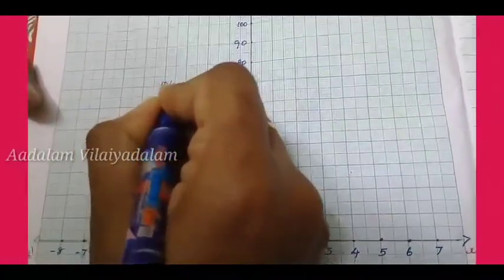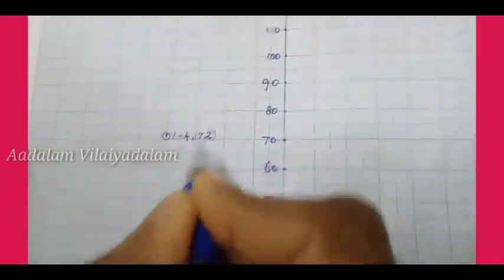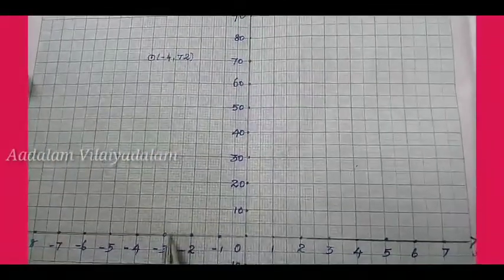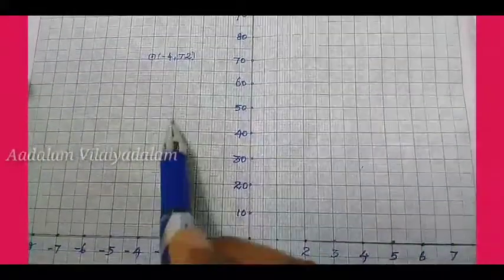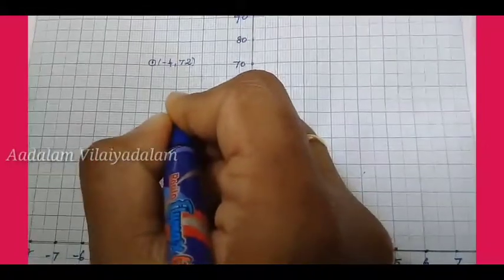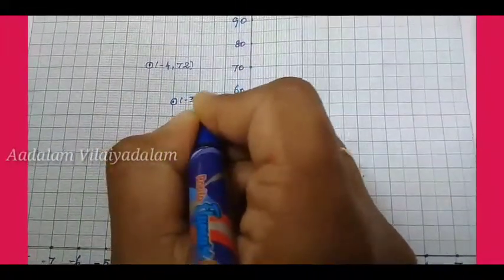So minus 4 comma 72. Second point, minus 3 comma 56. This is minus 3, so minus 3 comma 50 here, this is 55, so 56. Minus 3 comma 56.